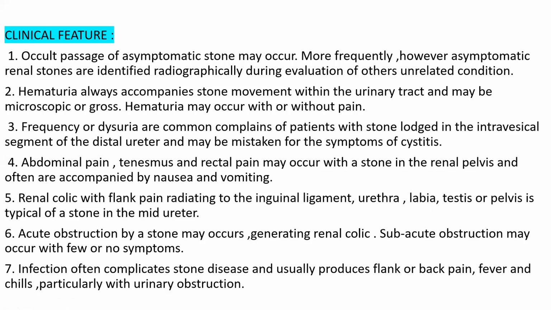Labia means, especially for girls, in the vagina we have the labia minora and labia majora. Because of this flank pain, even the labia minora and labia majora can have the pain radiated there.